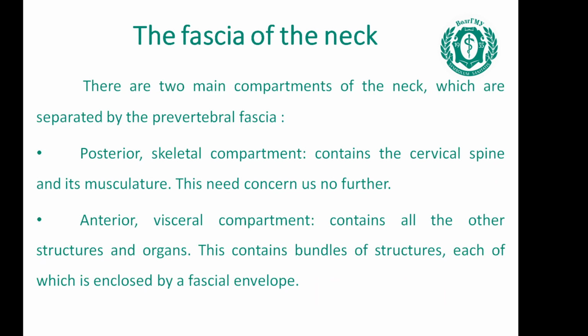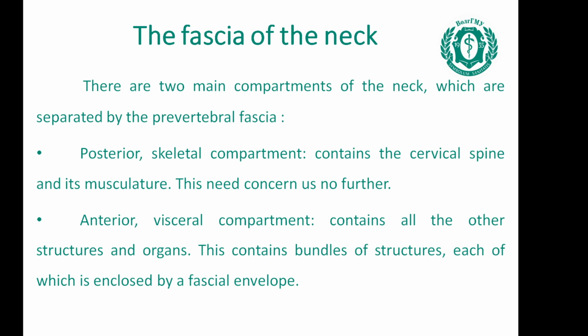There are 2 main compartments of the neck which are separated by the prevertebral fascia. Posterior, skeletal compartment, contains the cervical spine and its musculature. This need concern us no further. Anterior, or visceral compartment, contains all the other structures and organs.